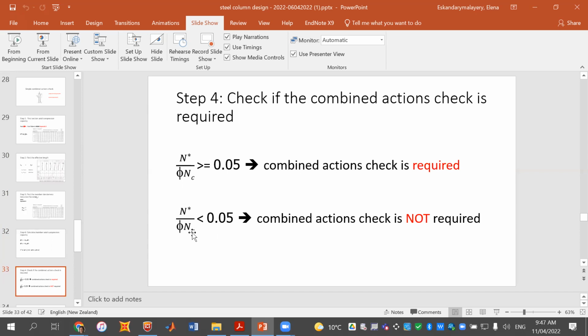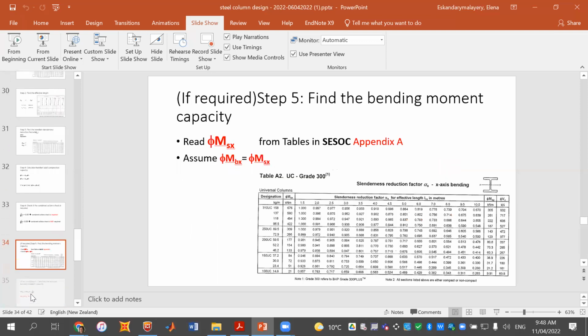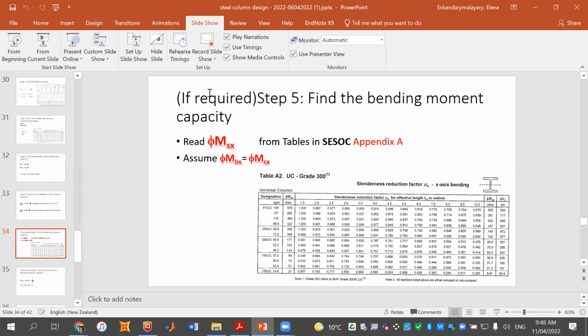But if N star over phi Nc is less than 5%, it means you don't need to continue, and the cross section that you chose for the column is suitable and you don't need to check further. So we want to see what if that ratio is higher than 5%.